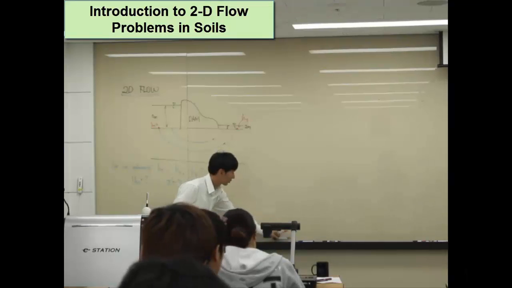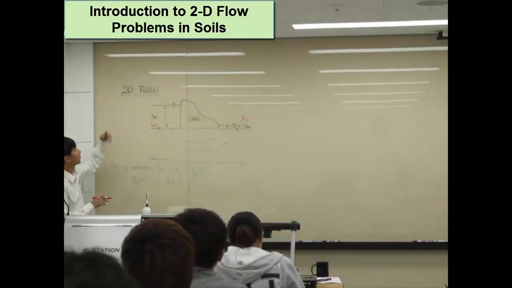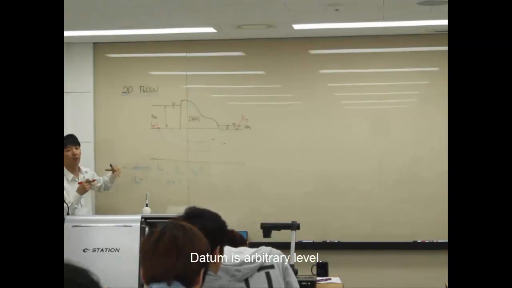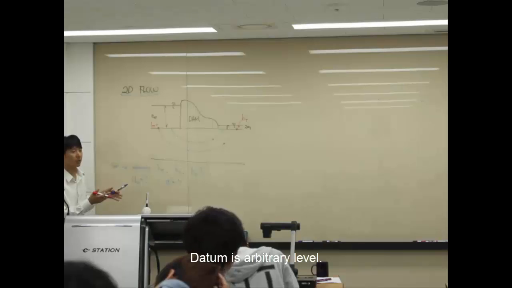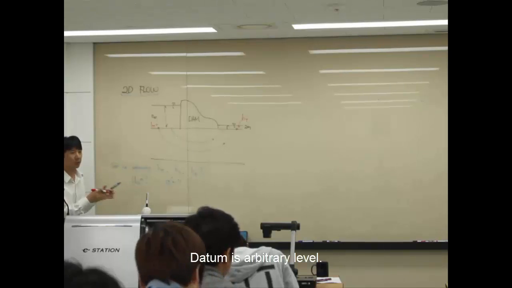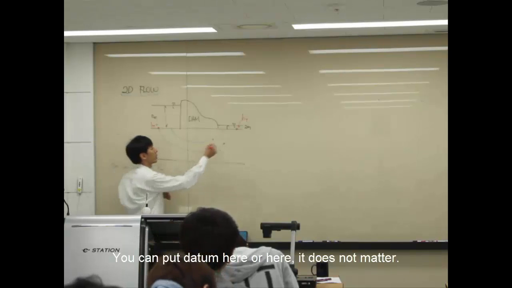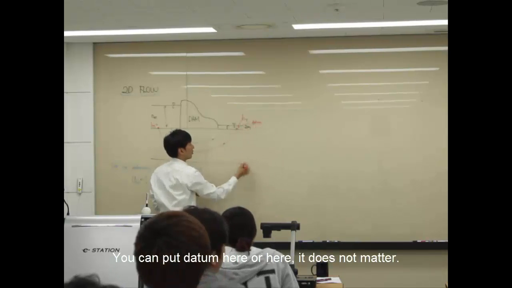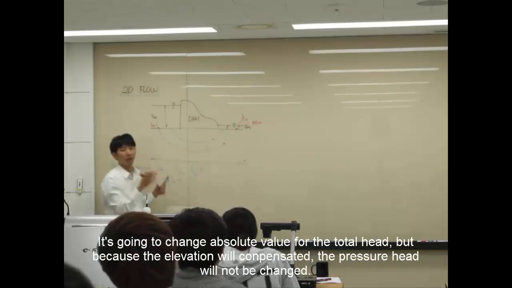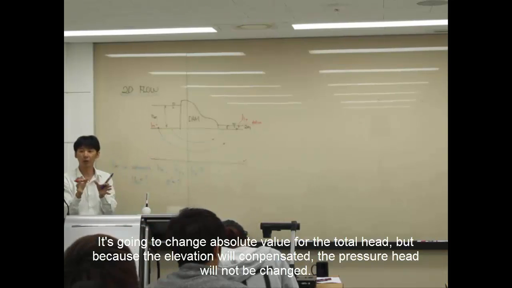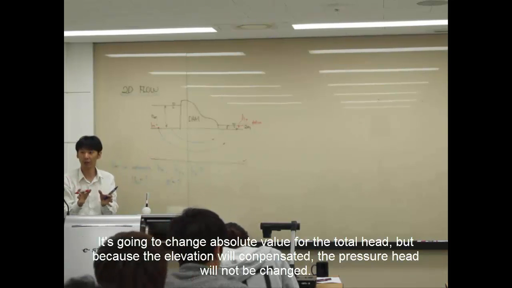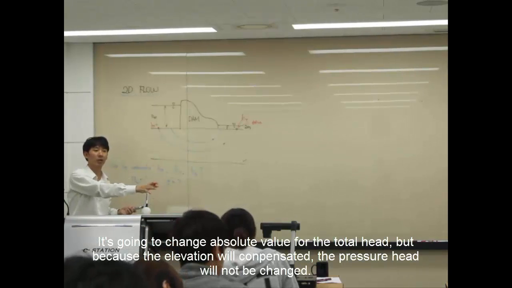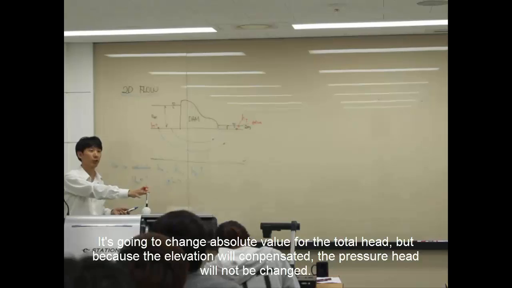We have actually talked about how we can estimate the head loss. Right? So actually the datum is an arbitrary level. You can put the datum here or here, it doesn't matter. It's going to change the absolute value for the total head, but because the elevation will be compensated, the pressure head will not be changing.